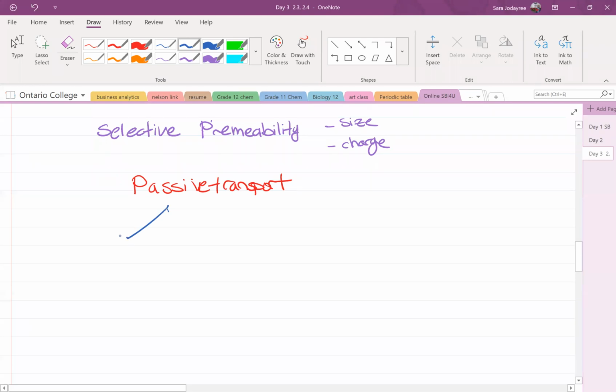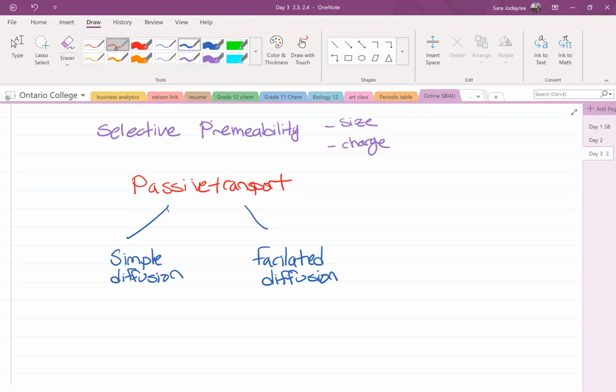One is simple diffusion, and another one is facilitated diffusion. Okay, so let's look into what is a simple diffusion.